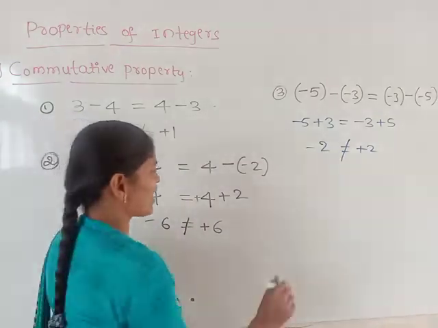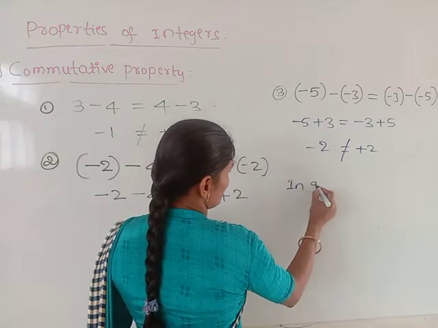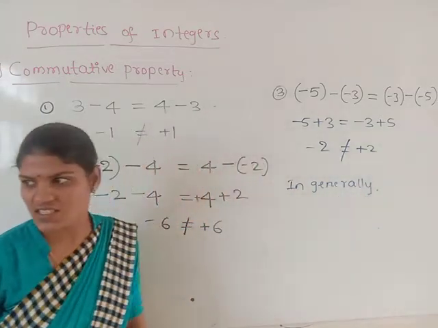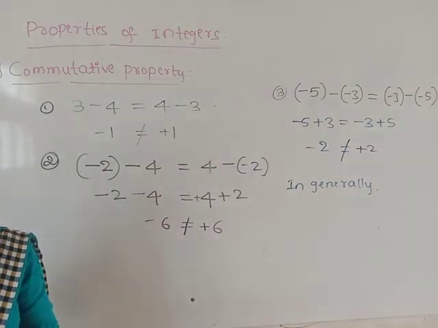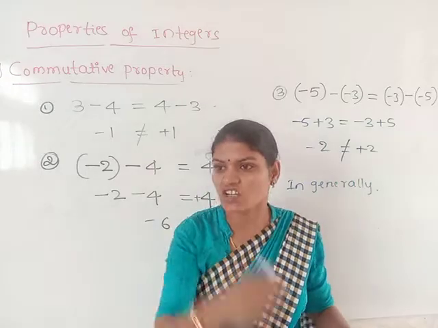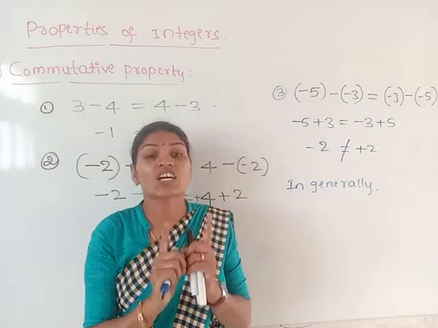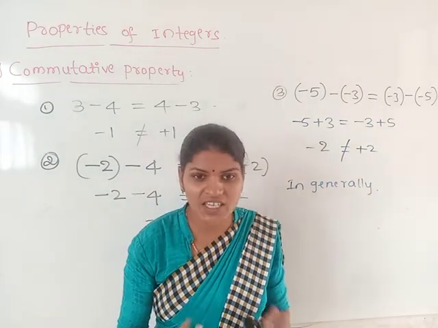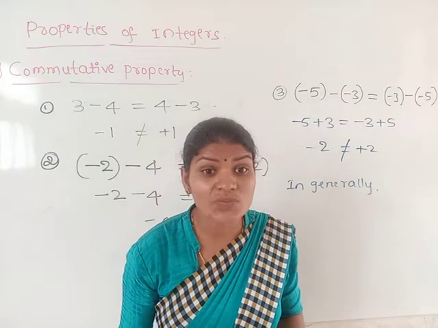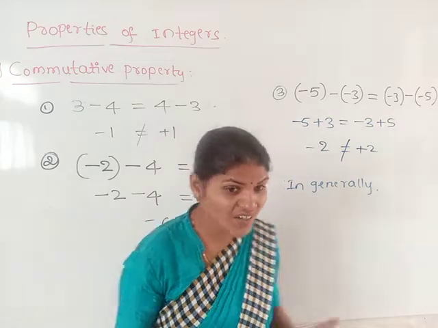So what can we decide in general? Whether the commutative property exists under subtraction? No. On both sides we are not getting the same answer. Not equal, in the sense that the commutative property does not exist under which operation? Subtraction.